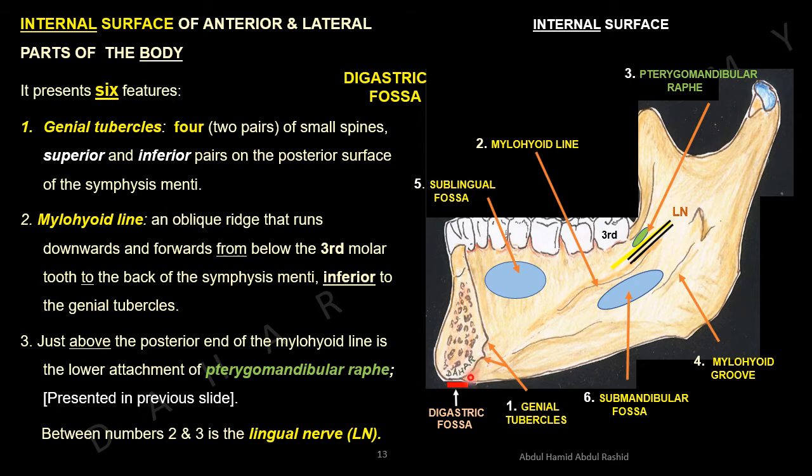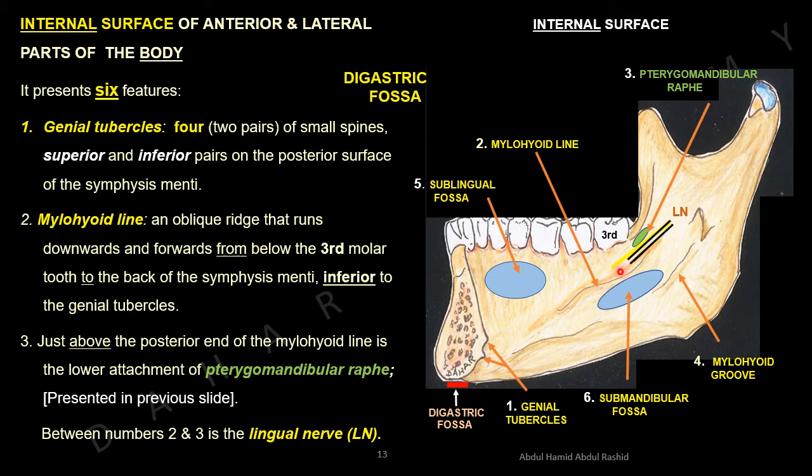From this area, below the inferior genial tubercle, this oblique ridge, which is called the mylohyoid line, extends up to the root of the third molar tooth. So this is the mylohyoid line, a big ridge on the internal surface of the body of the mandible.